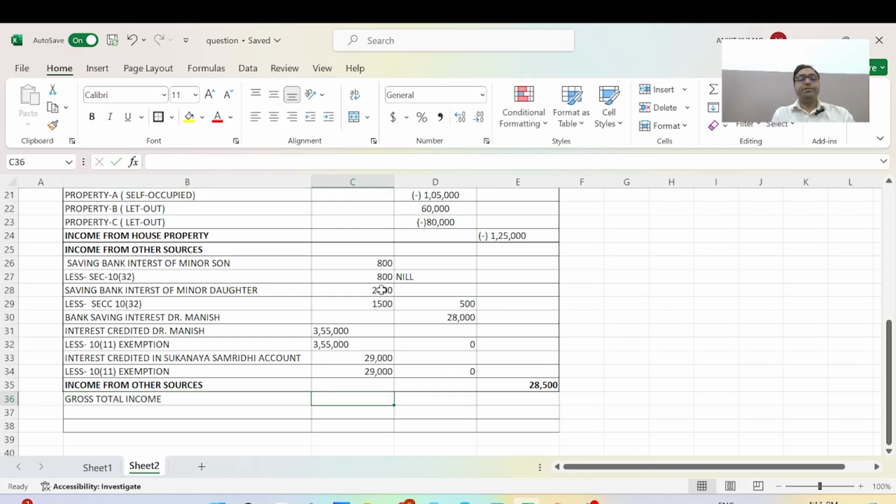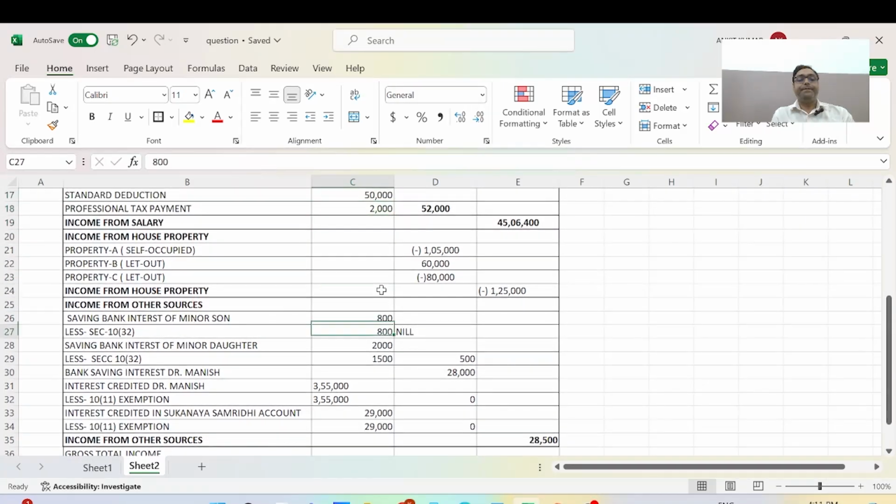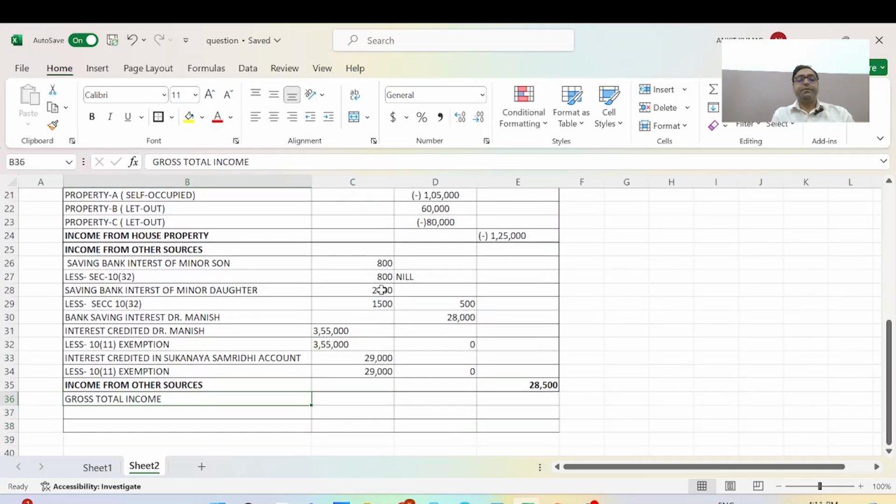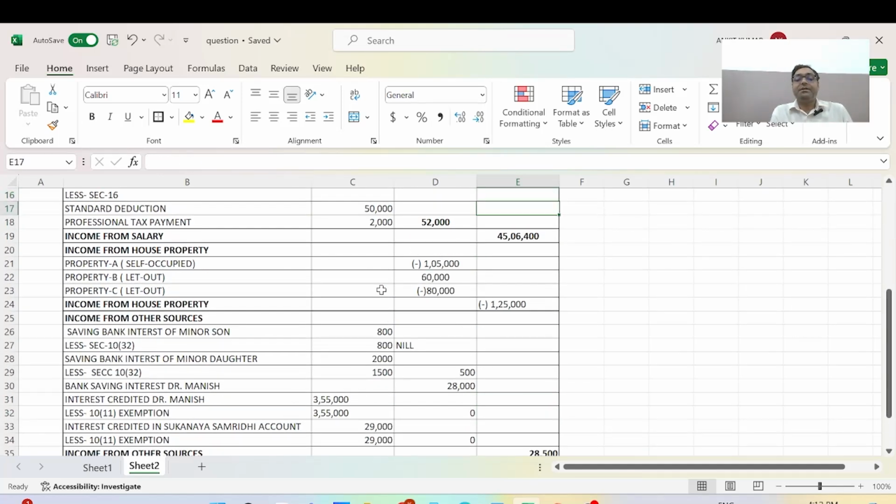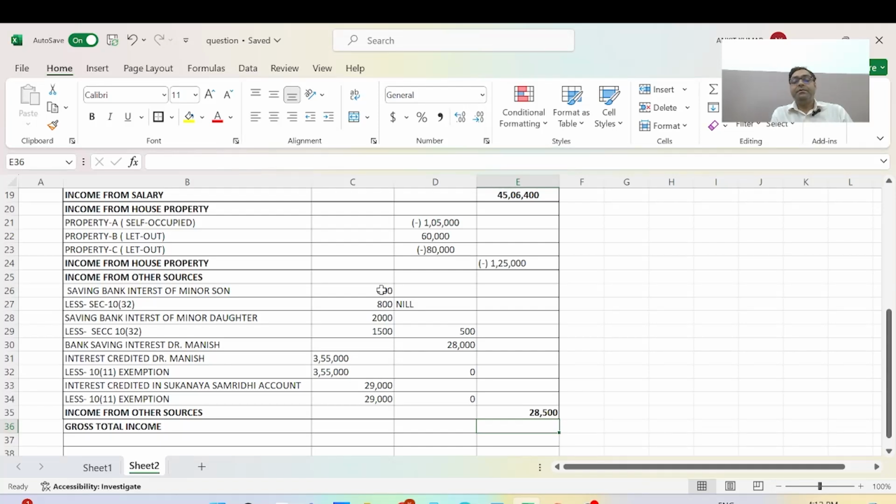Gross total income is income from salary, income from house property, income from capital gain and other sources. 45 lakh 6,000 minus 1 lakh 25,000, plus 28,000 added, gives 44 lakh 9,900 rupees.